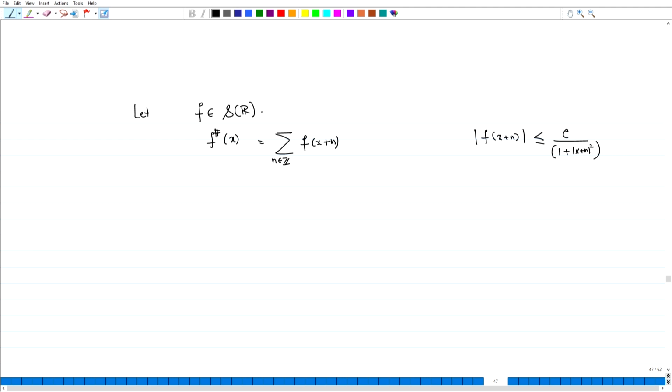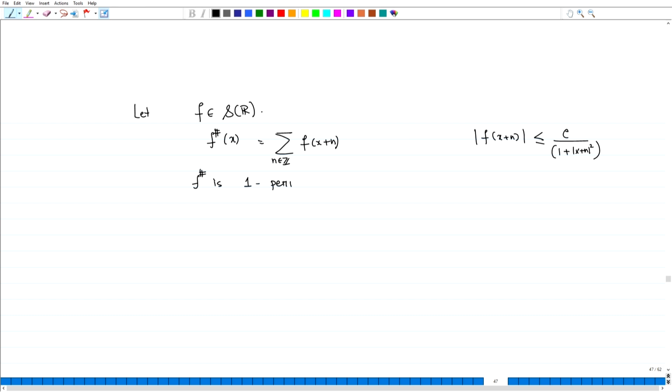Because f is in the Schwartz space, this sum exists, and not only that, this f sharp is one periodic.